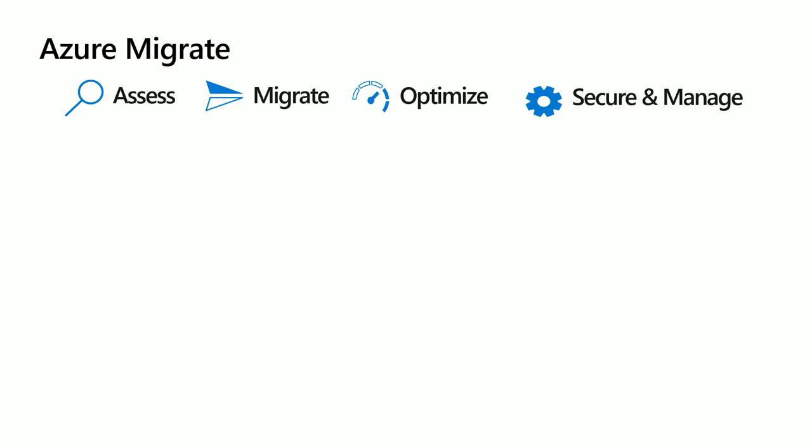So you need to continue to optimize your disks, your VMs, and make sure you save on cost and latency. Lastly, you also need to continue to manage your resources on Azure, and you need to make sure that they are securely running on the cloud. So Azure Migrate helps you in the first 2 steps of this journey. For the other 2 steps, we already have a bunch of offerings in Azure that you can leverage.